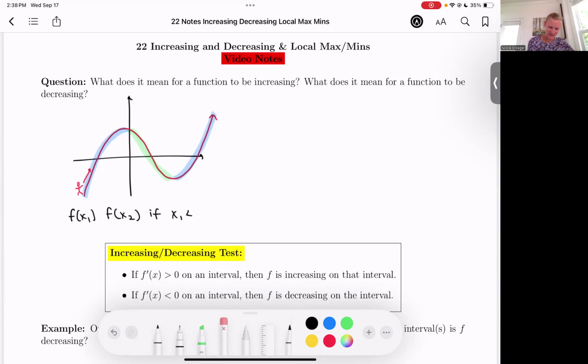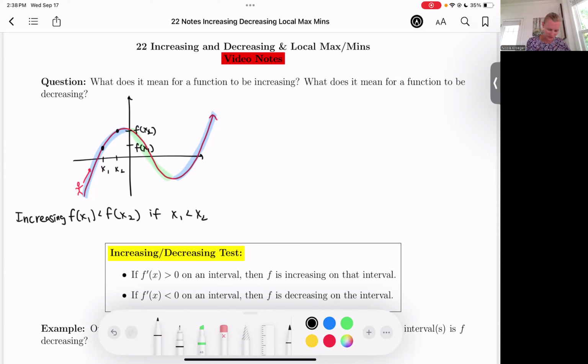So this should be that, there we go. So then we have x1, then x2, the y values get bigger as the x values get bigger. So the inequalities are the same here. This means this is when our function's increasing. So we see here, this is my f of x1, this is my f of x2, and as x got bigger, y also got bigger.